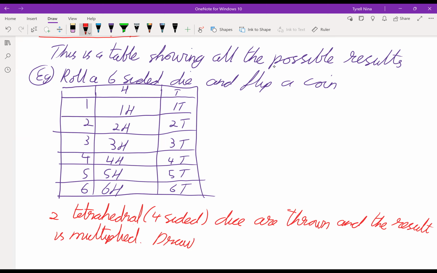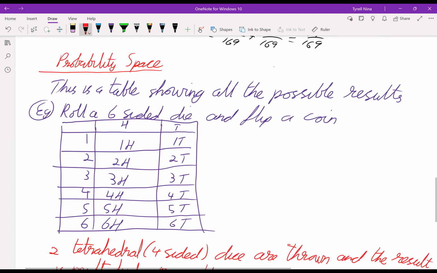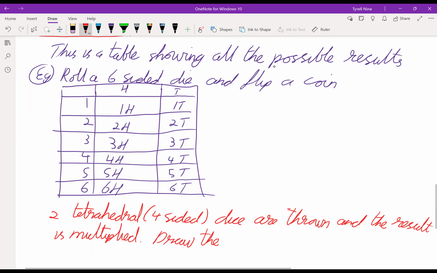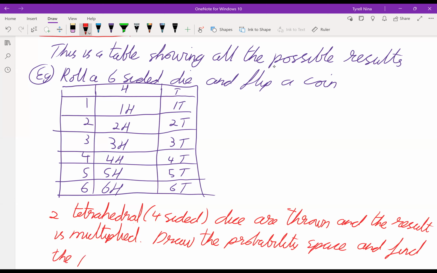Draw the probability space and find the probability that the result is a prime number. Try this one. What is tetrahedral? 4-sided.